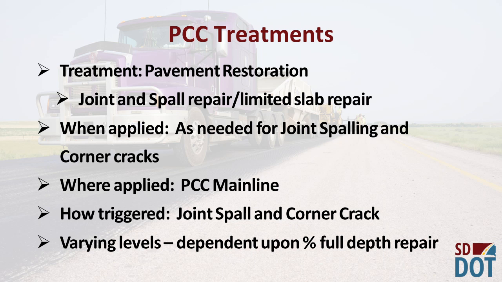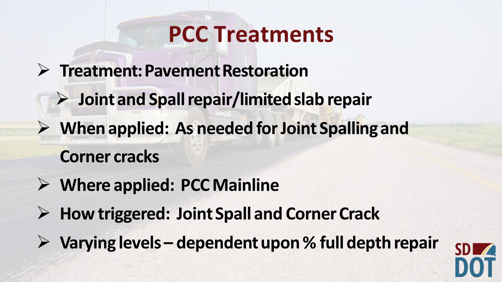PCC treatments, what we call our pavement restoration, which is basically joint and spall repair and some limited slab repair. It's used as needed for joint spalling and corner cracking on the PCC main line. And how triggered, we have 2 specific indexes in the pavement management system that we use to trigger that, joint spall and corner crack, and varying levels of treatment on that.